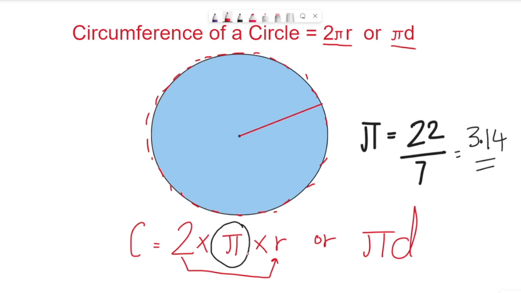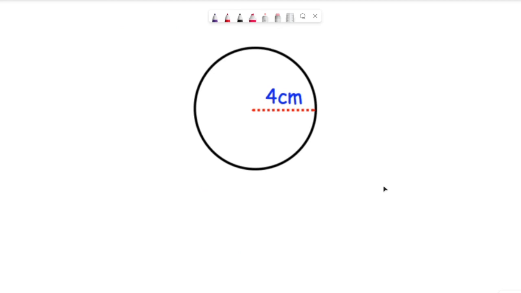Let's see an example. In this question we have the radius. This is the center, and from the center to the boundary of the circle, that's the radius. So now we'll use our formula with radius. Circumference is 2 pi r.